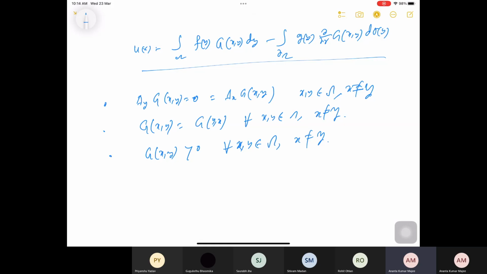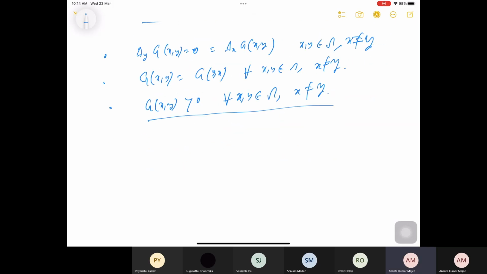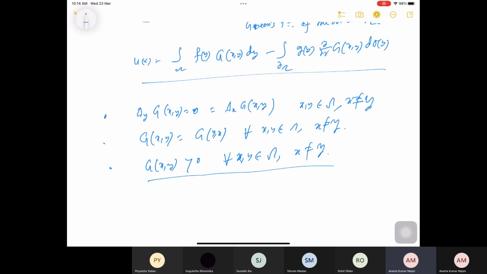One can easily check these by differentiating. Positivity is a little bit tricky, so I am not going into the proof, but the other two are somewhat easy. As I said, if u in C2 of omega solves the Poisson problem, then it has an expression like this, and also vice versa.